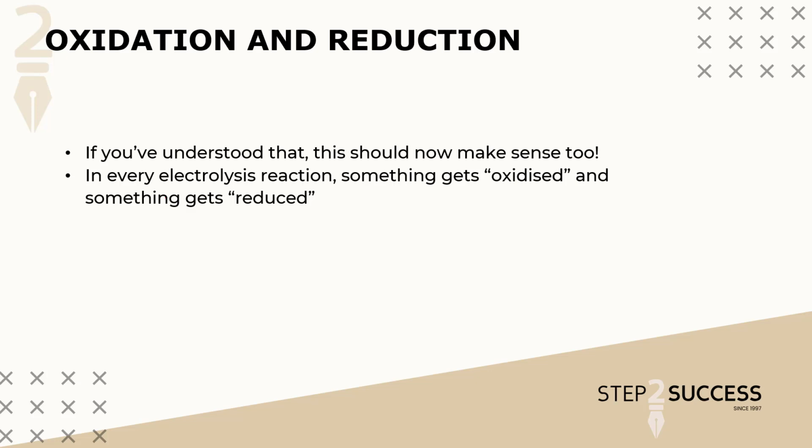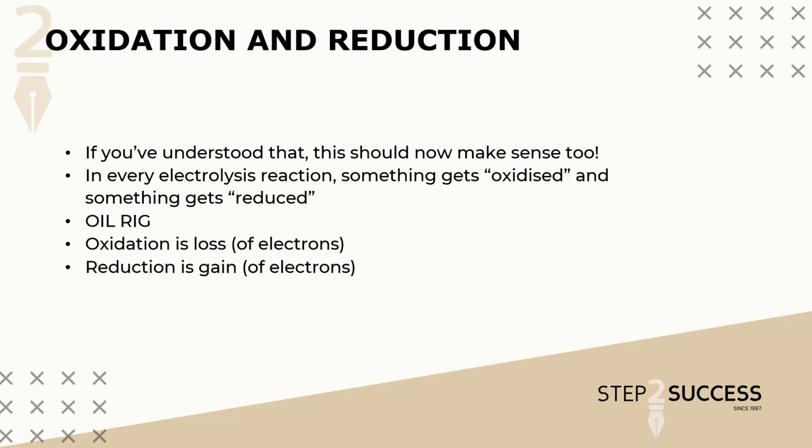All you need to know for this is the acronym OIL RIG, where oxidation is the loss of electrons, OIL, and reduction is the gain, that's the RIG. Important to remember that this acronym is for electrons. So oxidation is the loss of electrons, reduction is the gain of electrons, not anything else.